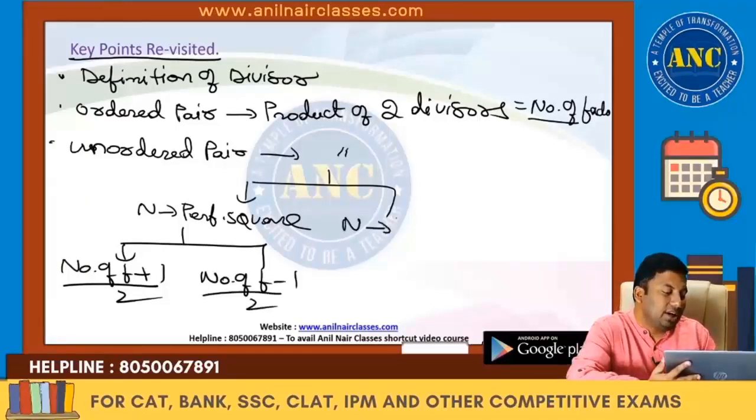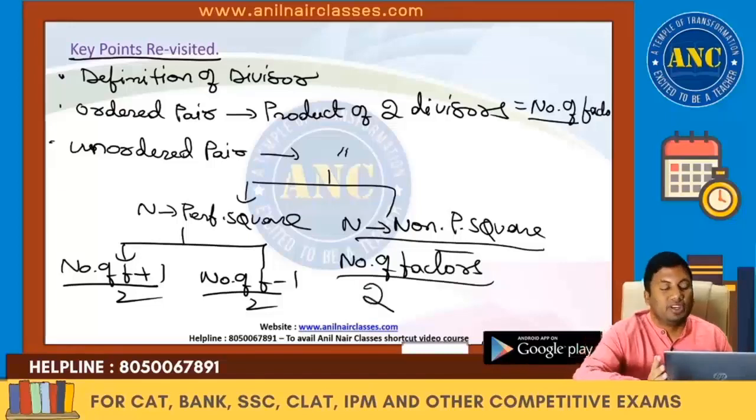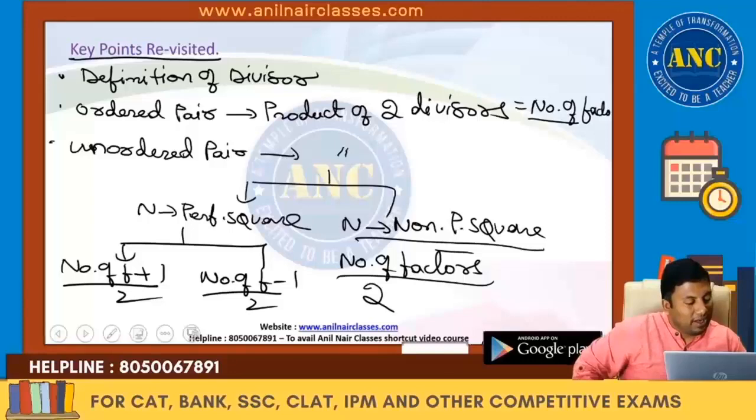If n is a non-perfect square, it is number of factors whole divided by 2. I hope these three important concepts which we discussed are all based upon this one.